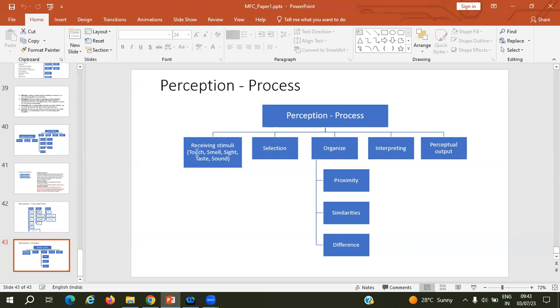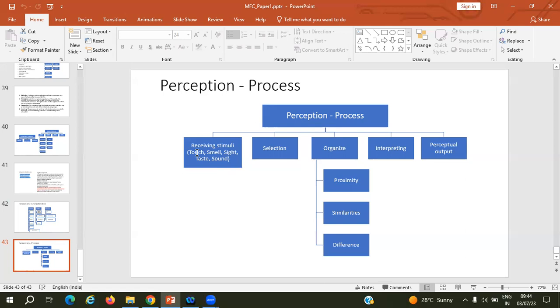You are seeing something that will stamp in your memory, or suppose you have a perception that whatever car I used to have, the same car the other people have, that is a good car. So that is the perception. That is the output, a positive output.